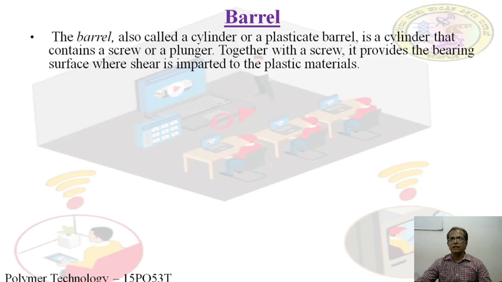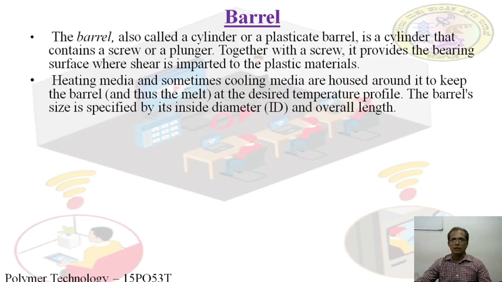It is a cylindrical shaped one, usually placed horizontally, in which a screw or a plunger is placed. Together with the screw, it provides the bearing surface where shear is imparted to the plastic material.